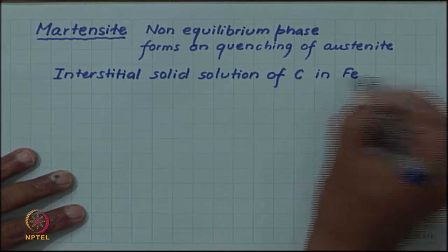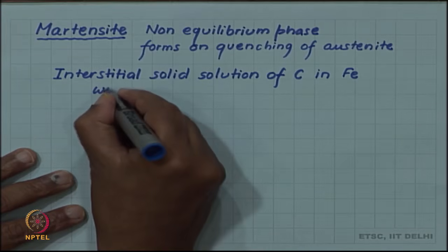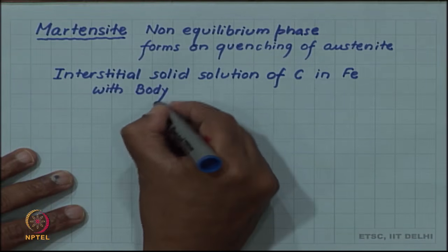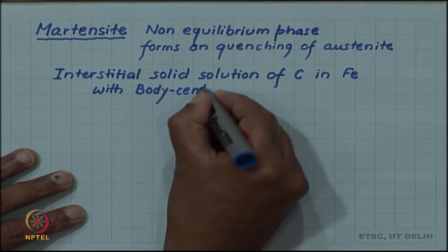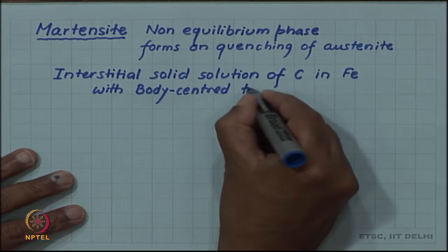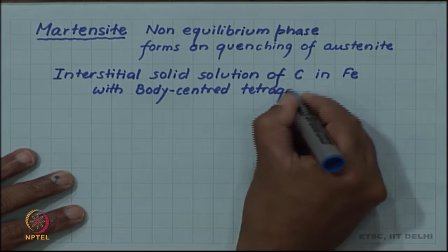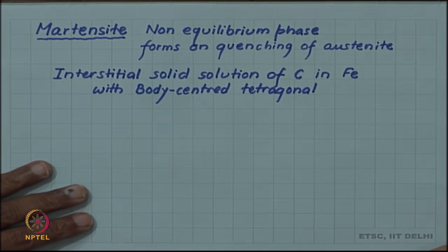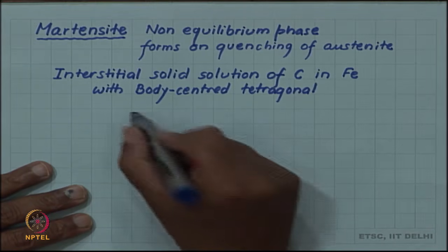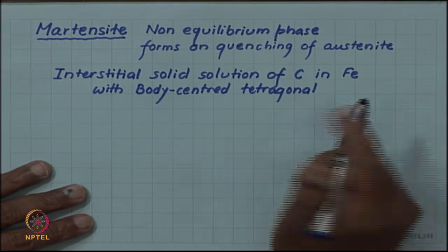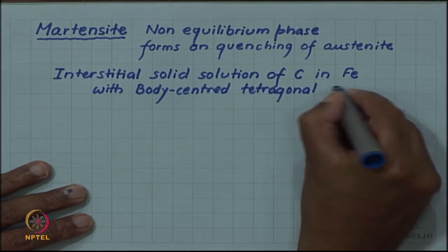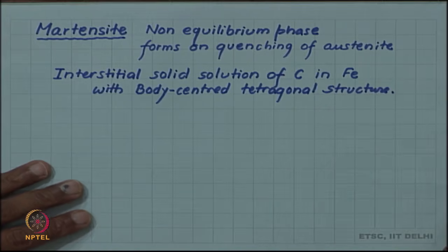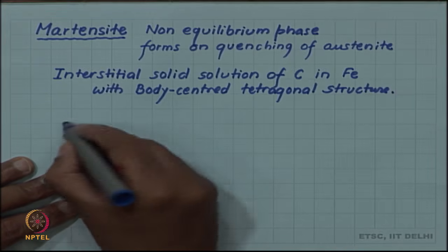So, the interstitial solid solution of carbon in iron with body centered tetragonal structure. Both ferrite and austenite were cubic phases, but now we have a tetragonal structure. So, body centered tetragonal crystal structure, that is what is martensite for us.